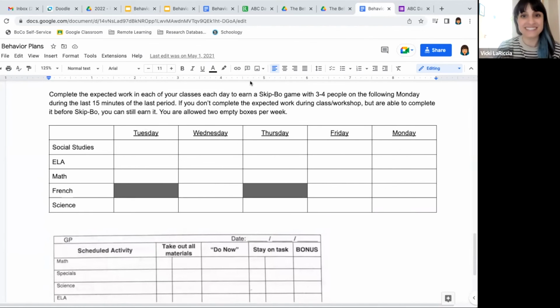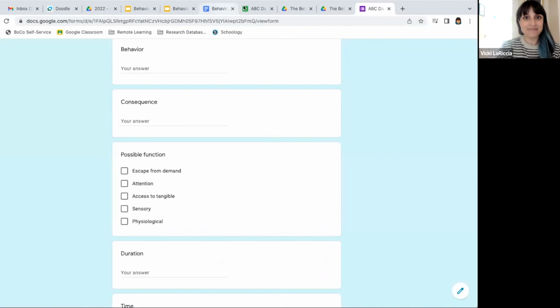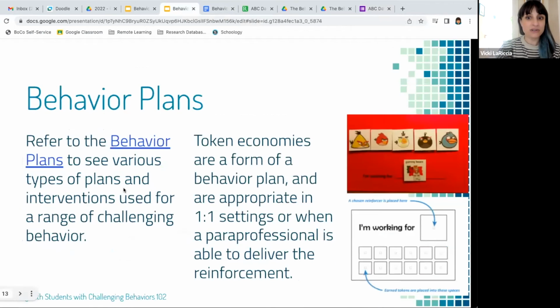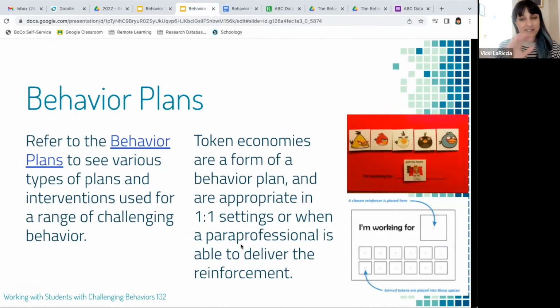Yes, someone says pick your battles in the chat. Correct. Agreed. 100% on that. Okay, so the general idea of behavior plans is that you're tracking expected behavior in some form on some sort of chart, and after a certain number of tallies or tokens, the student earns some sort of reward.